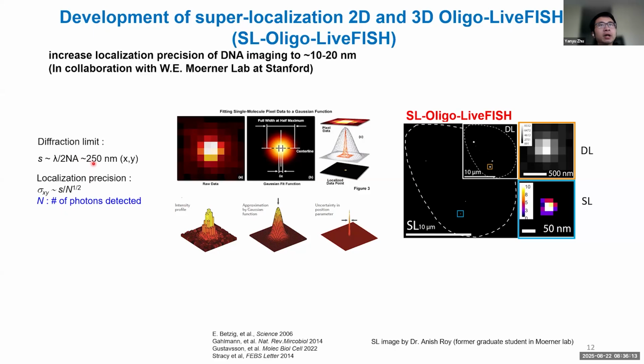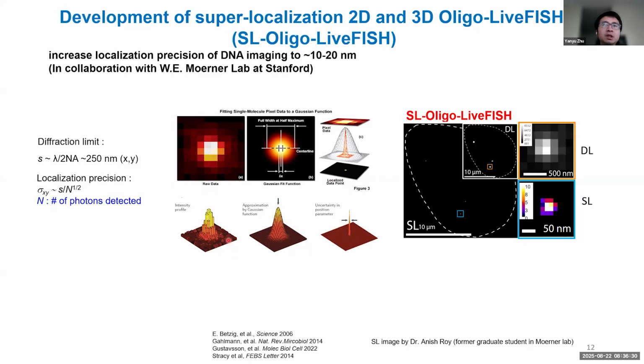So what does this mean? It means that for two objects whose distance is closer than 250 nanometers, their point spread functions will overlap, and we cannot resolve them.